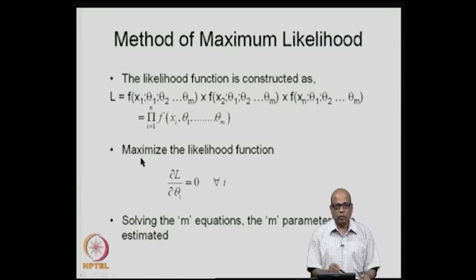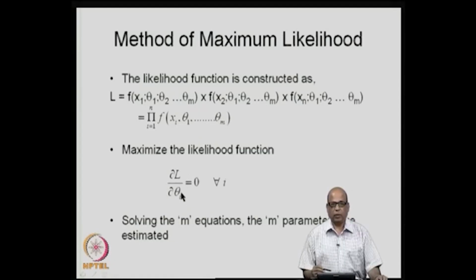Then we look at those parameter values theta i which will maximize the likelihood function thus defined. So, we maximize the likelihood function with respect to theta i. We take the first derivatives of the likelihood function with respect to theta i for all i, equate them to 0, thus generating m equations. We solve these m equations to get the associated theta i values. That is the principle of the maximum likelihood method.